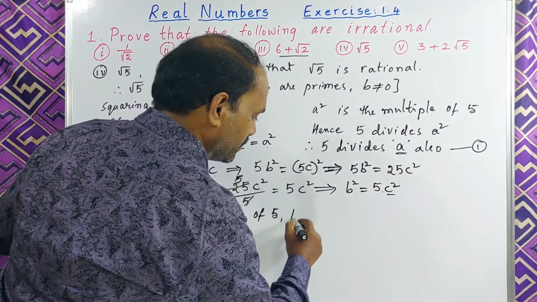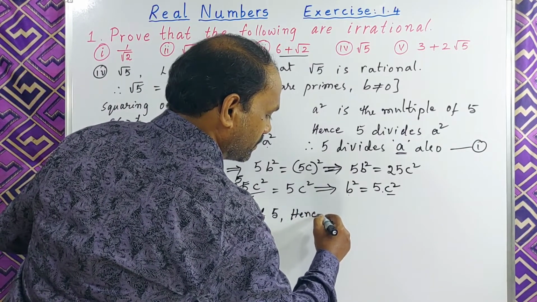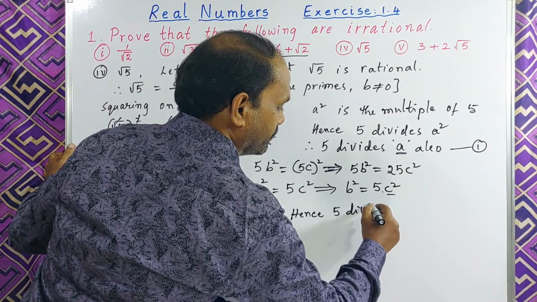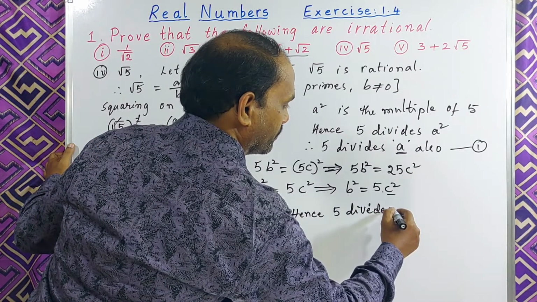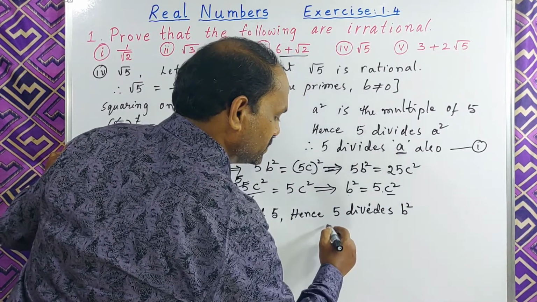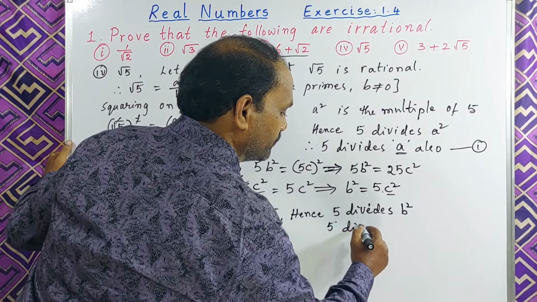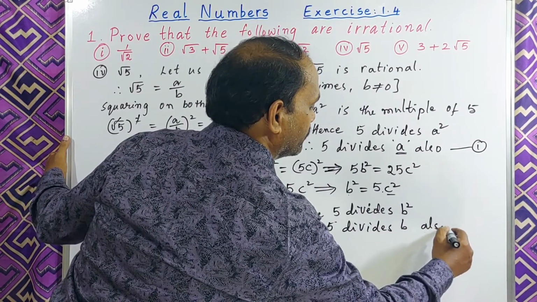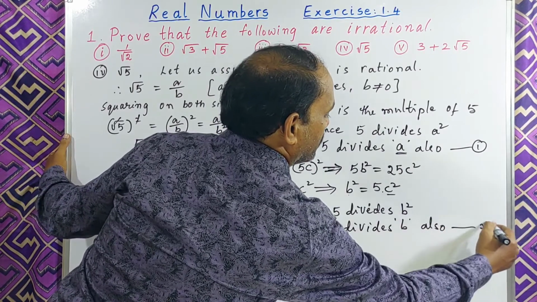Hence 5 divides b square. 5 divides b square means 5 divides b also. Here this one is 2.